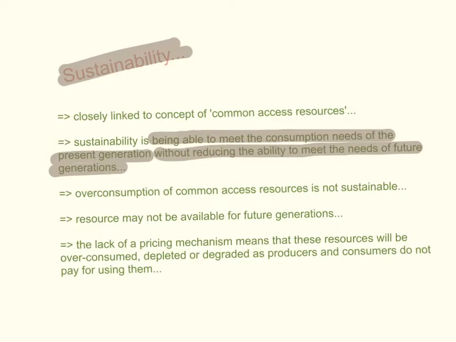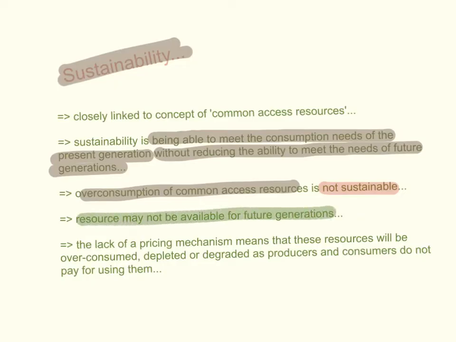So if there's overconsumption of common access resources, this is not sustainable because you are essentially meeting the consumption needs of the present generation, but at the expense of meeting the needs of future generations. The resource at this rate of consumption may not be available for future generations. And this is because there's a lack of a pricing mechanism.